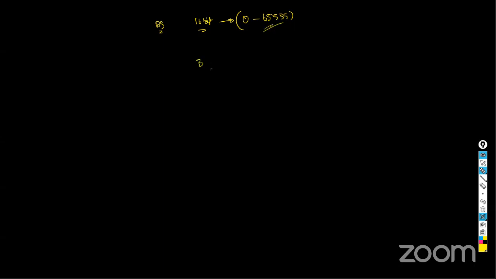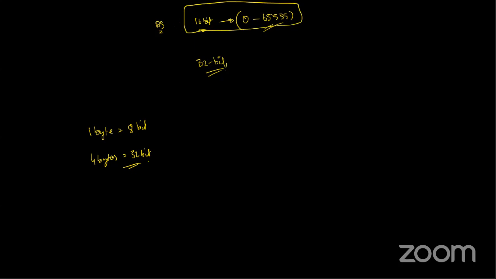So now we started something called 32-bit, and if you do the translation, 1 byte is 8 bits, and 4 bytes are nothing but 32 bits. 8 fours are 32. So I had 16-bit initially, and now I introduced 32-bit, or 4-byte AS.